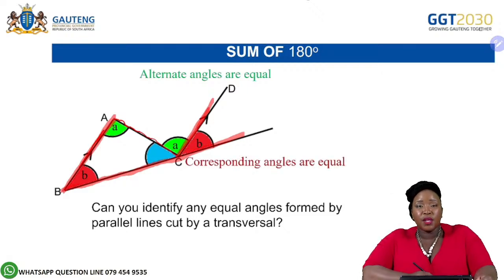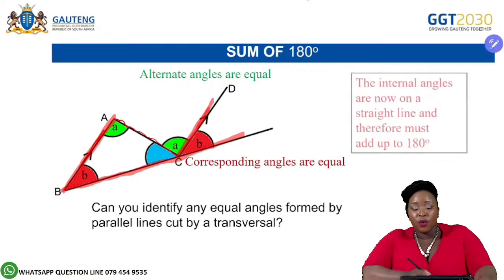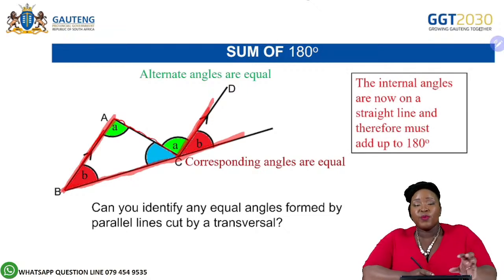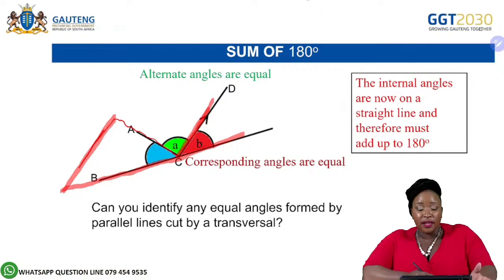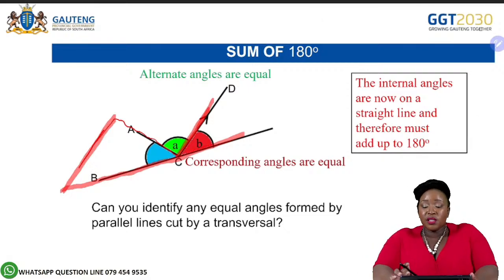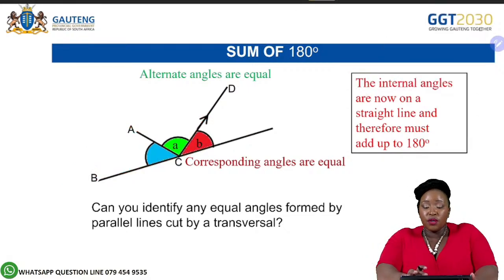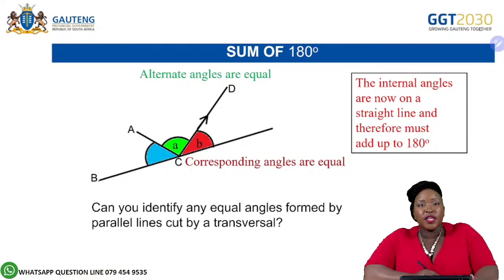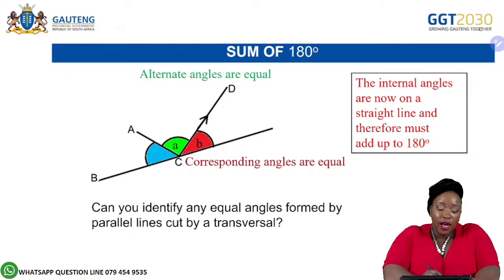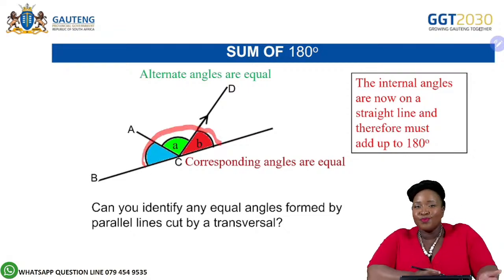Now, do you notice something interesting here? What you should see is that we've managed to get all the angles of a triangle to be on a straight line. Basically, that's all that we've done there, right? So this is how we are able to prove that interior angles of a triangle add up to 180, because angles on a straight line are equal to 180.